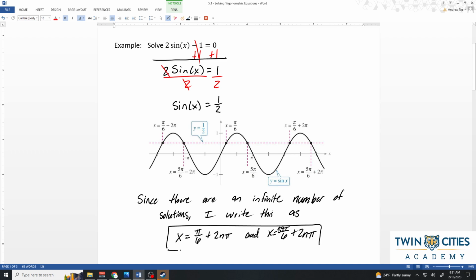And n here is just representing some integer telling us how many times around the circle am I going.